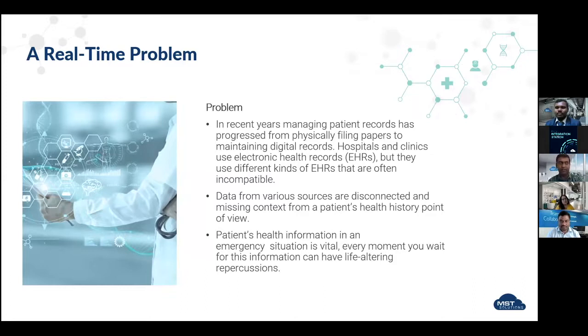And there are various types of electronic health records in different formats and structures. Some of them are HL7, some are FHIR revision 4, and there are even proprietary health records very specific to each provider. These make it very incompatible when you want to access data across different service providers.